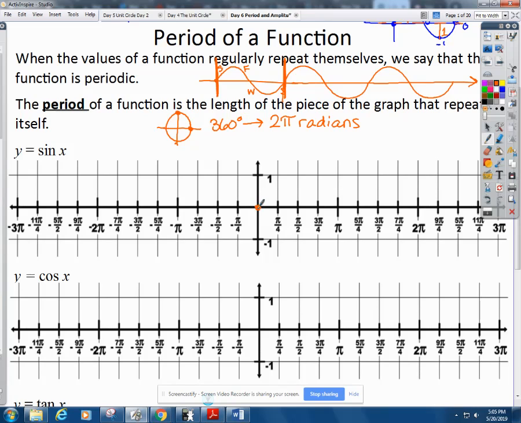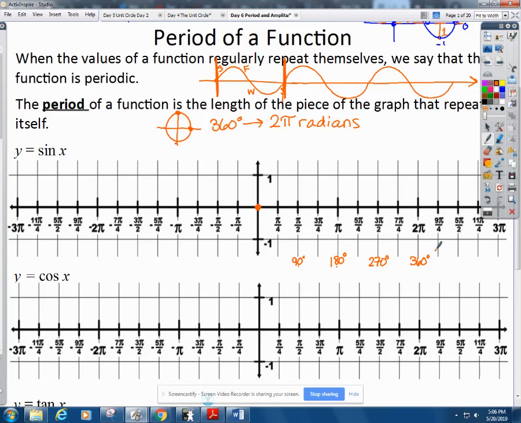For sine, this graph is labeled a little differently. Pi over 4 is 45 degrees. Pi over 2 is 90 degrees. That would be 135 and then 180. So this is 90, 180, 270 here, and 2 pi is equivalent to 360.